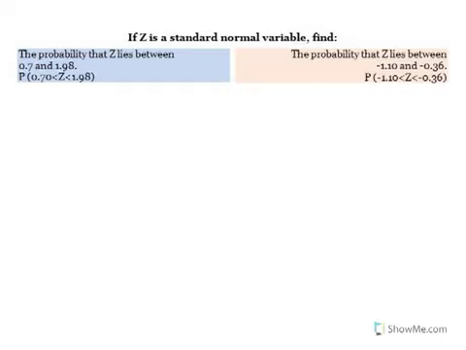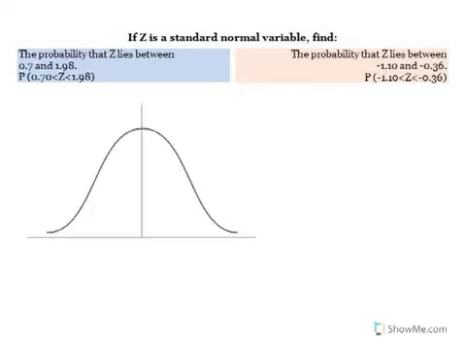Let's move on now and find the area between any two z values. The first is to find the probability that z lies between 0.7 and 1.98.